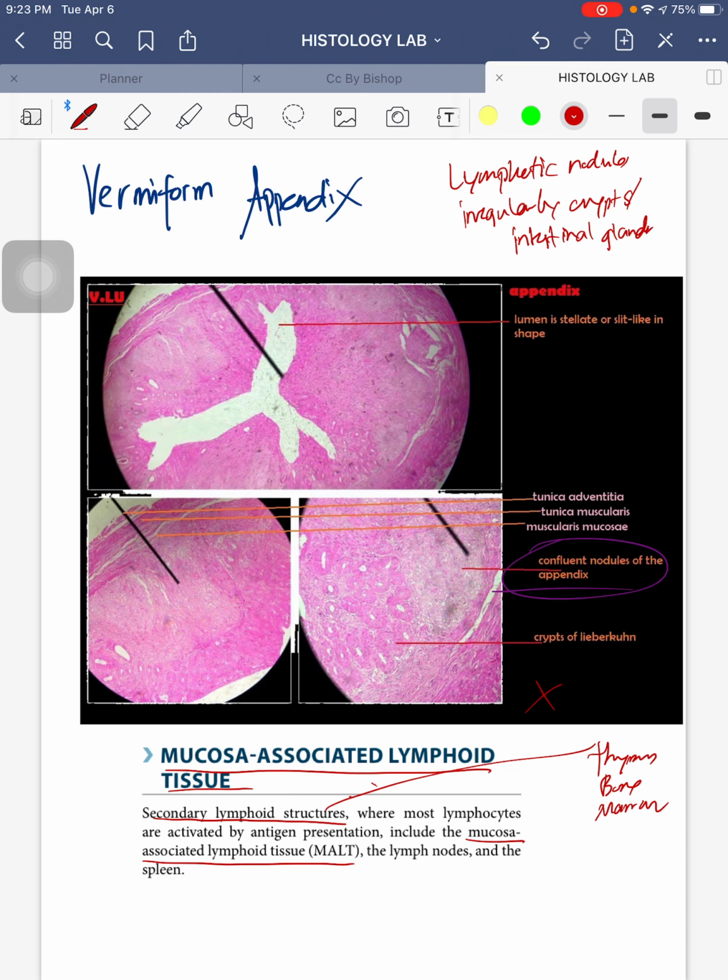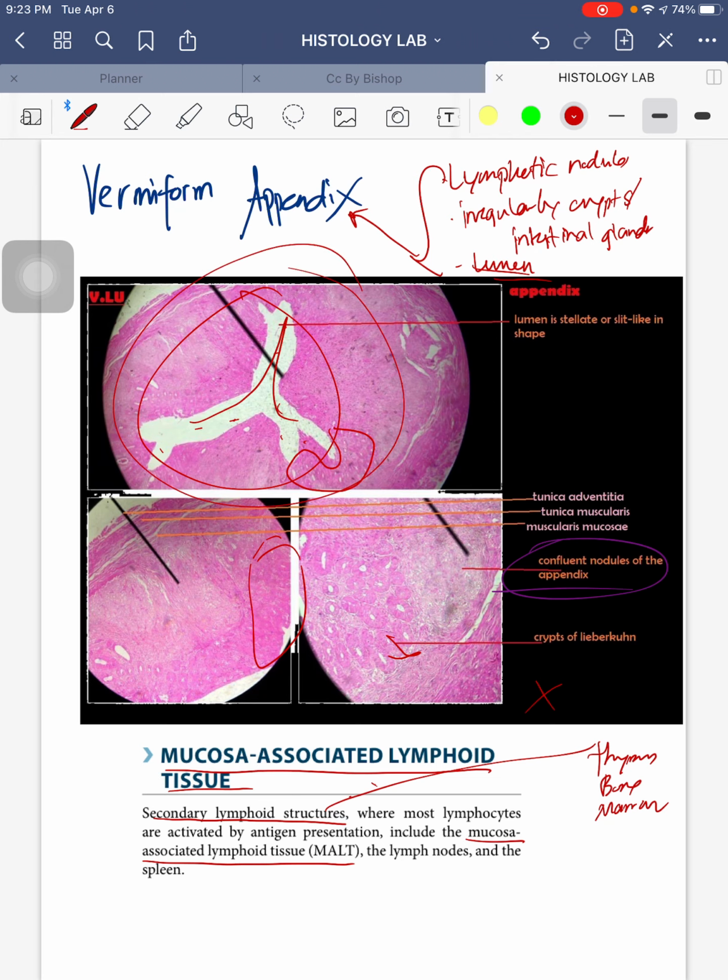Okay. And another giveaway to help you identify that this is appendix is there's a lumen. So see, you have a lumen here in the center. Sometimes in the lumen there can be fecal material or microbial flora or bacteria. You see crypts here, and sometimes intestinal glands, okay, just below the lumen.